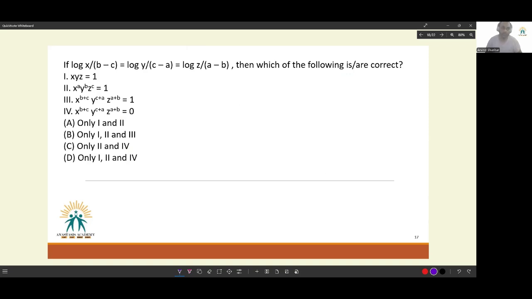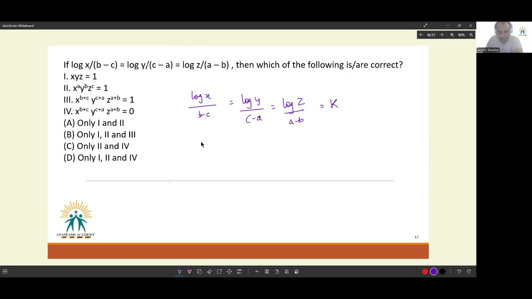Another fun question. Log x by b minus c is equal to log y by c minus a is equal to log z by a minus b is equal to k, which is not given. We introduce it.